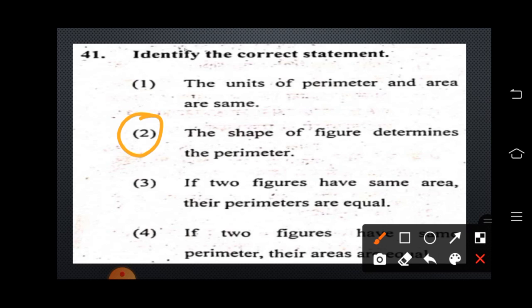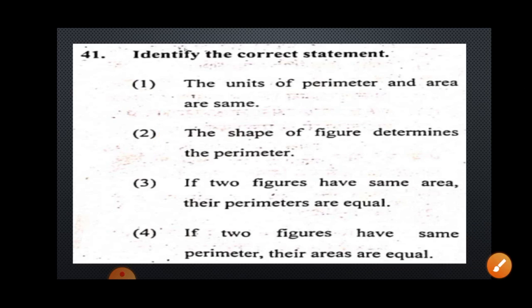If the two figures have same area, their perimeters are equal. Let us check whether it is right or not. Here two figures are taken. I will take two rectangles.